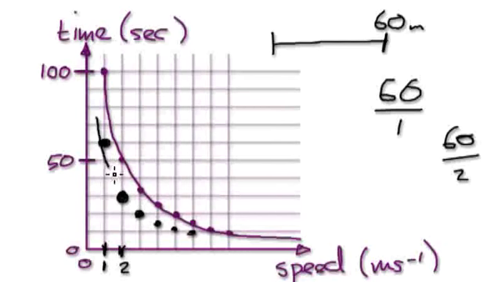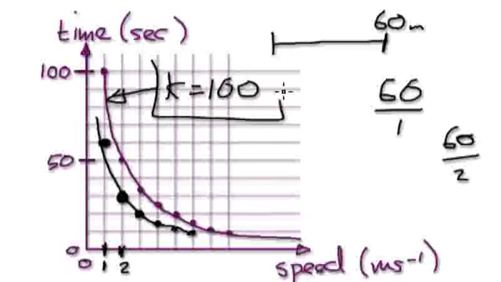Well, it will look something like this. You see, for this graph here, the k is actually 100. You've got a value of k where this value of k represents one scenario, and here the value of k for this one is 60.